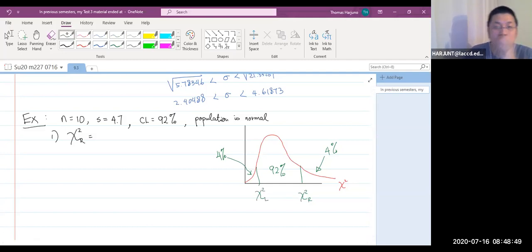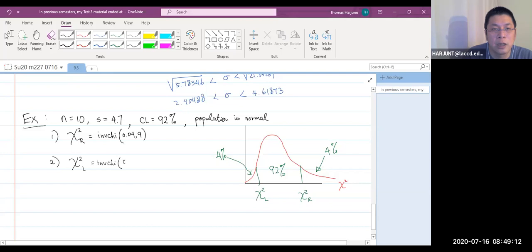What is the notation for chi squared right? It will be inverse chi, area to the right 4%, degree of freedom is 9. Chi squared left: the area to the right is 96%, degree of freedom is 9.